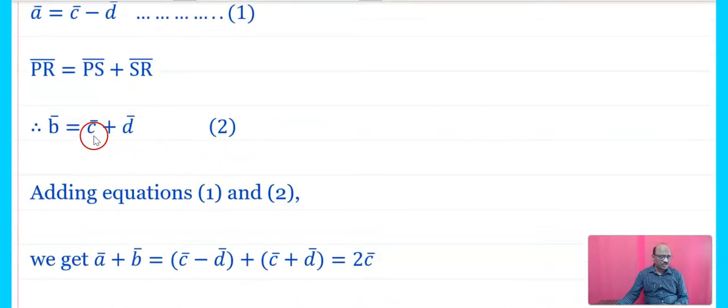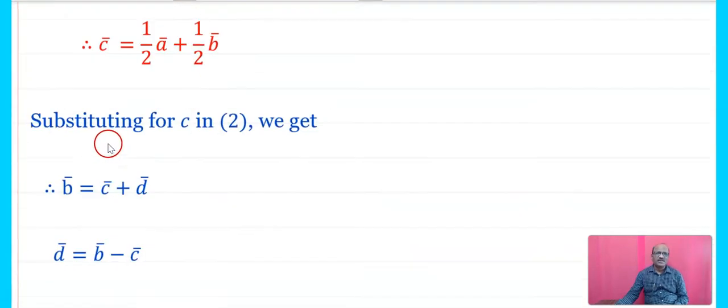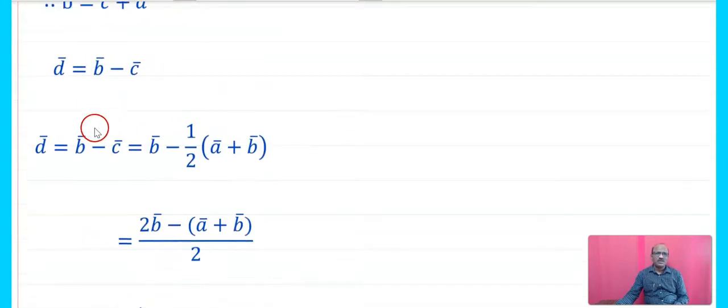Substitute this value of C bar in equation number 2. We substitute the value of C bar in terms of A bar and B bar, that is 1 upon 2 A bar plus 1 upon 2 B bar. That is, D bar is equal to B bar minus C bar, that is B bar minus 1 upon 2 in bracket A bar plus B bar. If we evaluate it, then you will get 2B bar minus, in bracket, B bar plus A bar, upon 2.